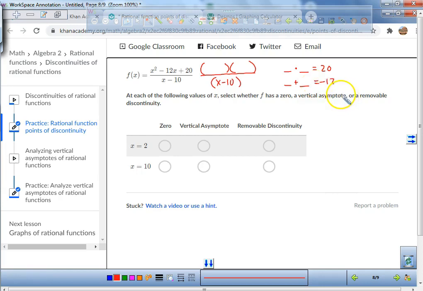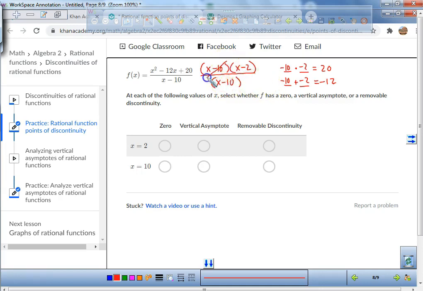What are my factors? Ooh, I got it. -10 and -2, because -10 plus -2 is -12, and -10 times -2 is +20. Yay, we found the factors.